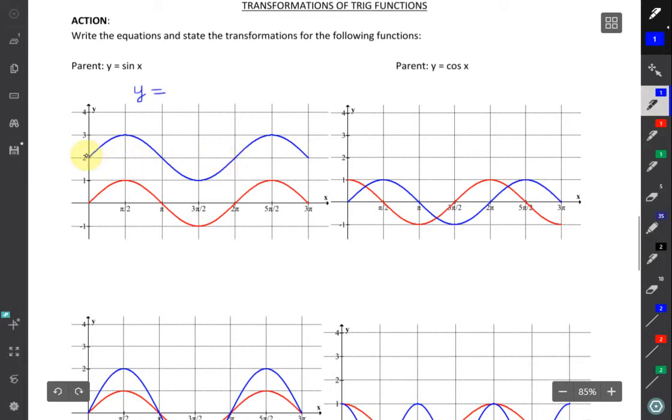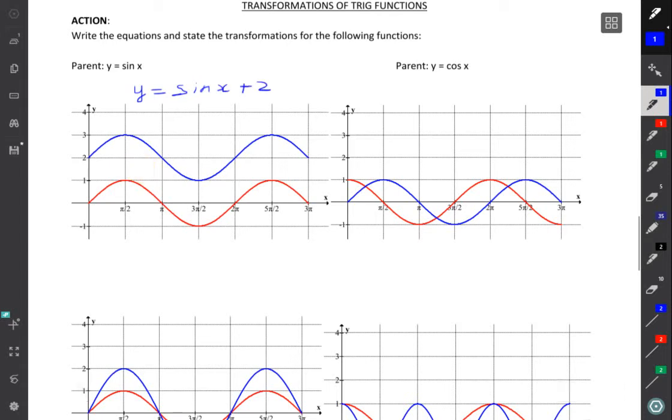There's no phase shift because it starts at the axis, like a normal sine curve. So the only part here is this translation, and the axis is a good reference point because it starts at 0, it's y equals 0. So the vertical translation here is 2. So we have y equals sine of x plus 2.